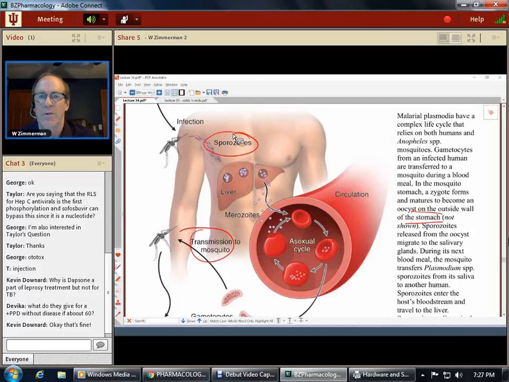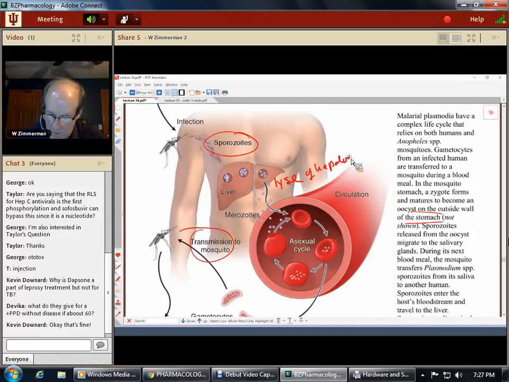They go to the liver initially, and then there's a lysing of the hepatocytes due to that. And when that happens, they're converted into merozoites, and sounds a little biblical to me, the Old Testament, you guys.